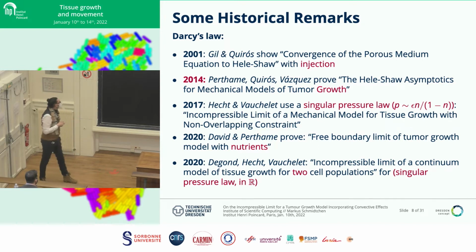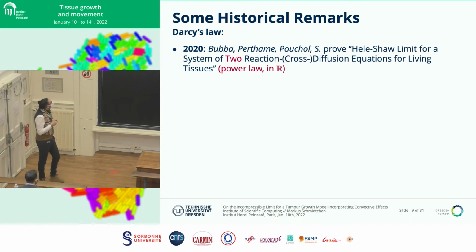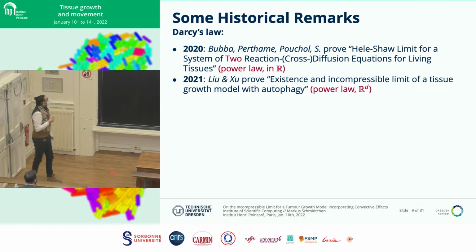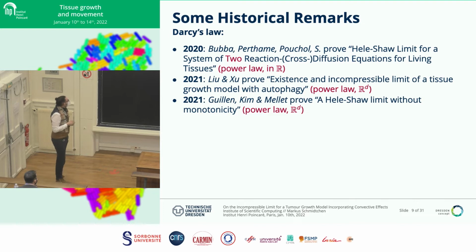In the case of the singular pressure law, we've also worked on this for the power law case. And then this was extended last year also to the full space. Up to this point, we only had one-dimensional results. And then quite recently, there has been another approach for non-monotonous growth rates, by Guillen, Kim, and Mellet.